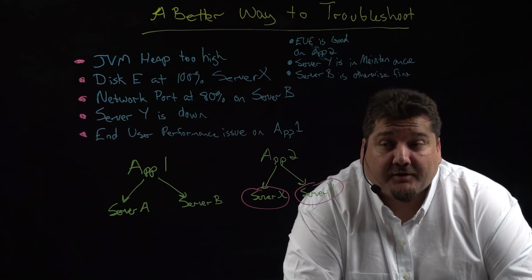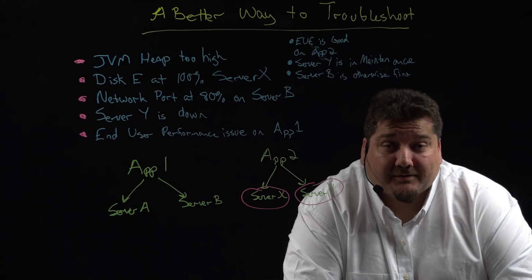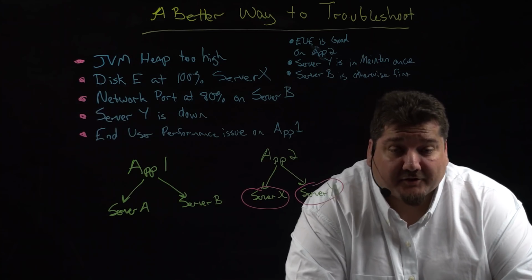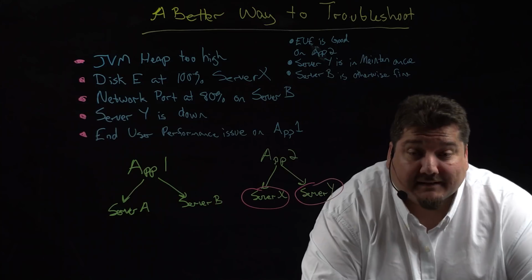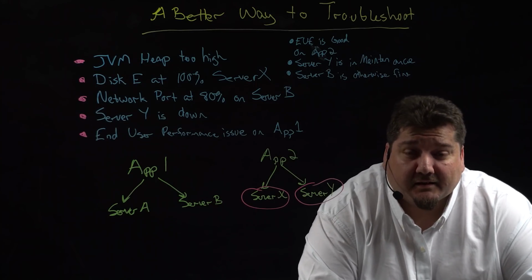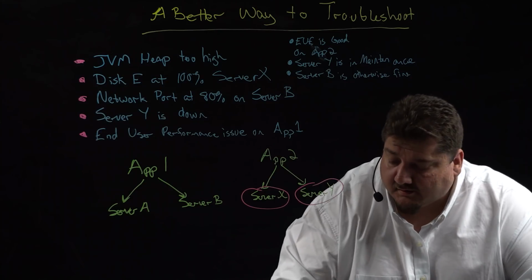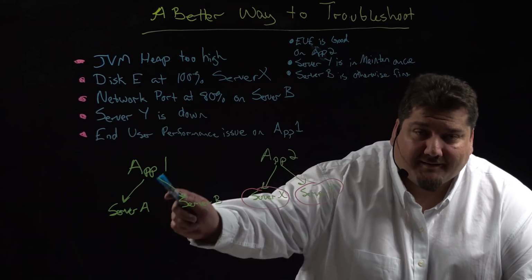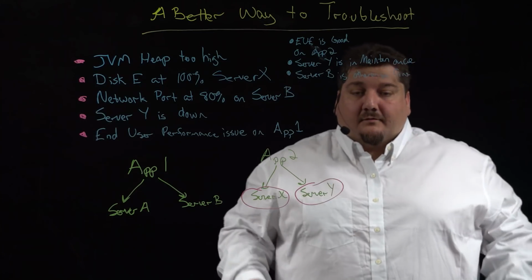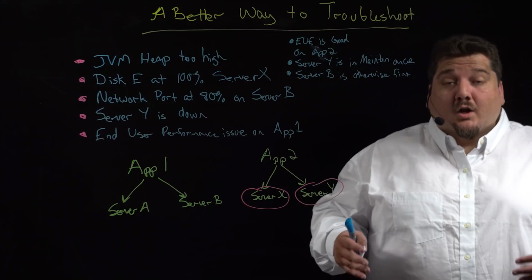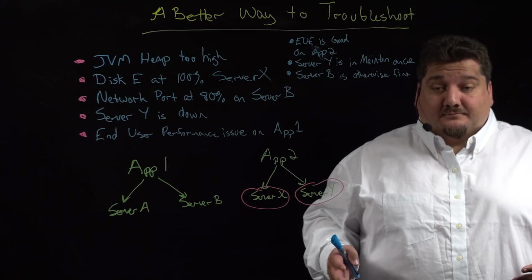We can see that the end user experience on application 2 is actually good, and that server Y isn't down. It was intentionally taken down for maintenance. If we know that server B is otherwise fine, and we know that application 1 is having a problem, then we can more intelligently look at what the issue could be.